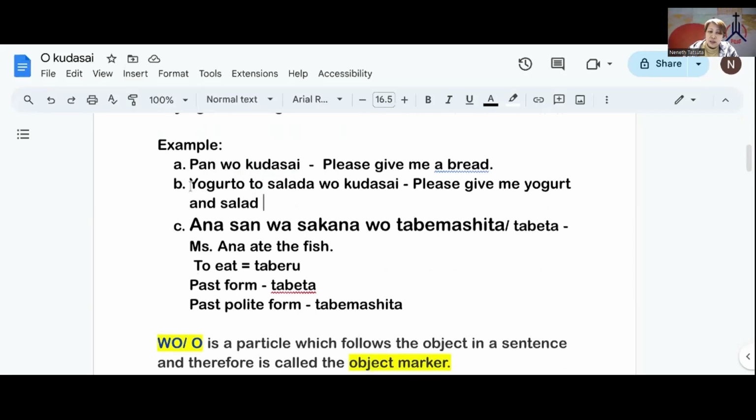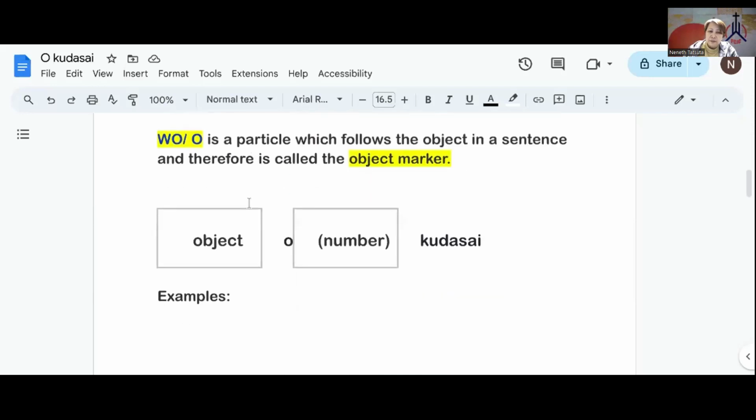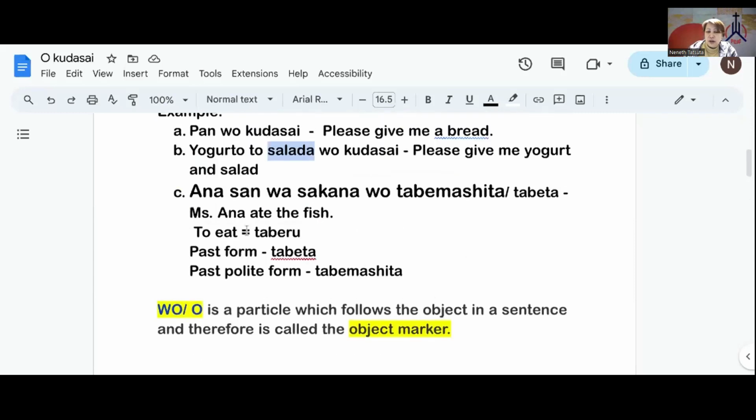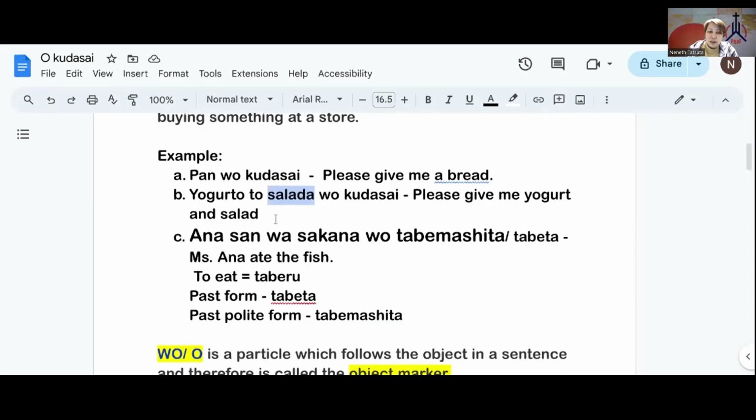What you want is your yogurt and salad. So if you're asking for something, like for example yogurt or salad, you can now add here your counters. That's why I gave the counters to you so that you would know how to answer.